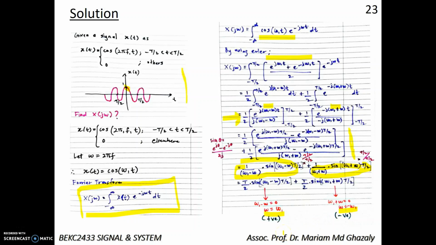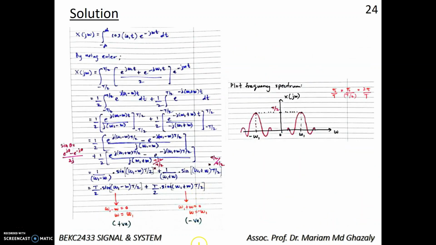So let's plot it. When you plot it, you have these two different omega. To plot, first identify the value for the magnitude. The magnitude here is t over 2 and t over 2, so both are the same. And then you have the frequencies at omega 1 and minus omega 1.